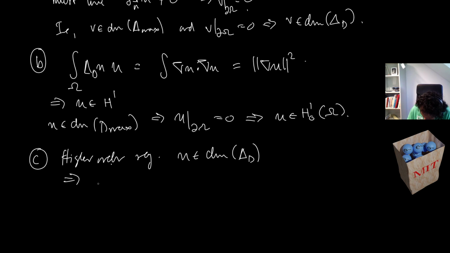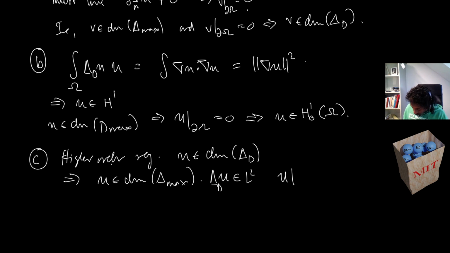This means that u is in dom d max, and the Laplacian of u is in L2, and u restricted to the boundary, and the normal derivative of u restricted to the boundary.